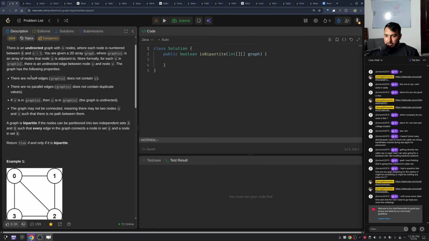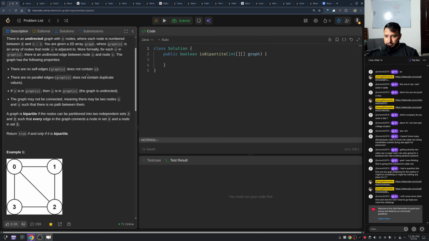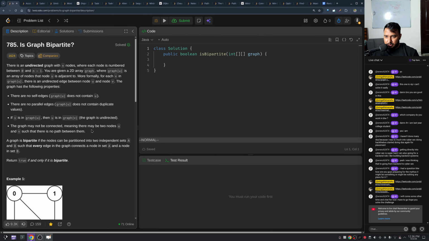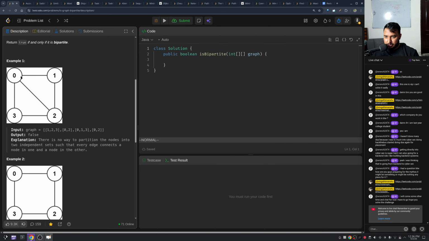So, is graph bipartite. There is an undirected graph with nodes 0 to n minus 1. We're given that 0 is connected to 1, 2, and 3. 1 is connected to 0 and 2.